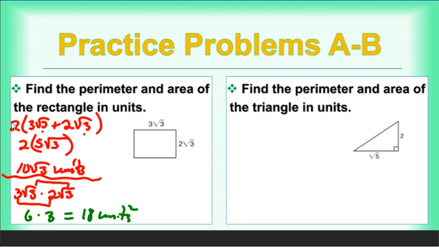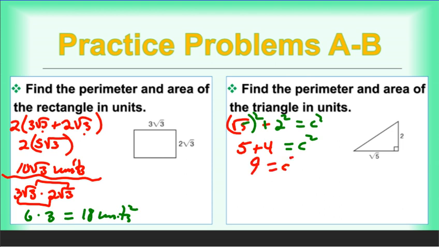And then find the perimeter and area of the triangle. We have the square root of 5 squared plus 2 squared equals c squared. So 5 plus 4 gives us c squared. 9 equals c squared. Find the square roots. C would equal 3.